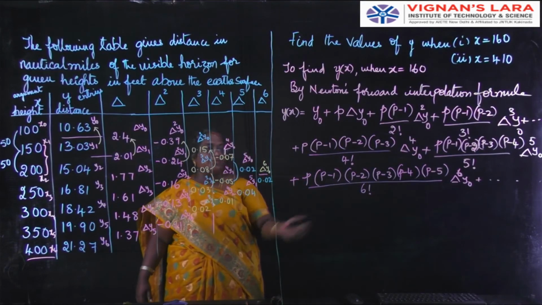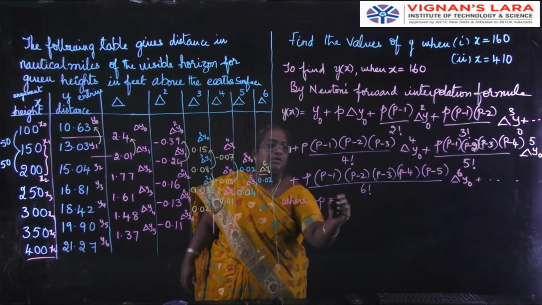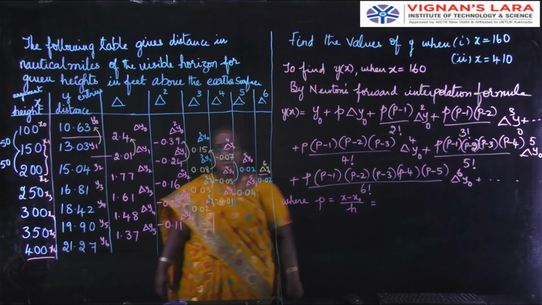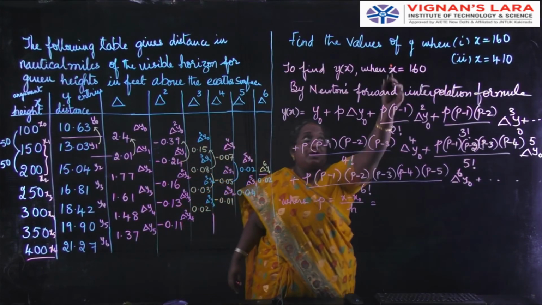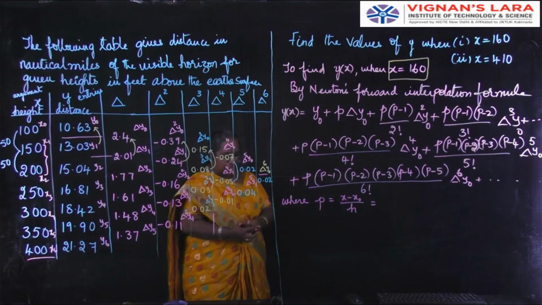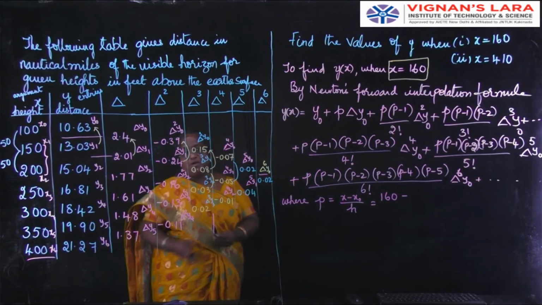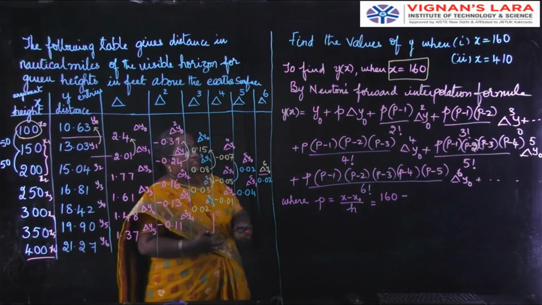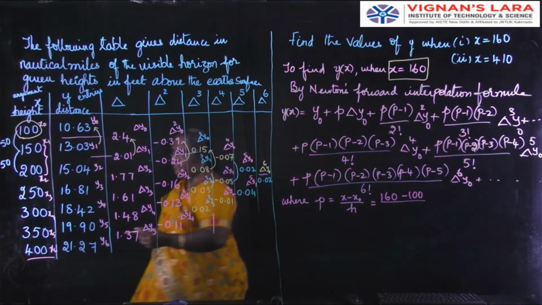So now what is p? Where p is equal to x minus x naught by h. For what value of x do we have to find? For x equal to 160. So x is 160 minus x naught, which we have already seen is 100, by h, the interval length.